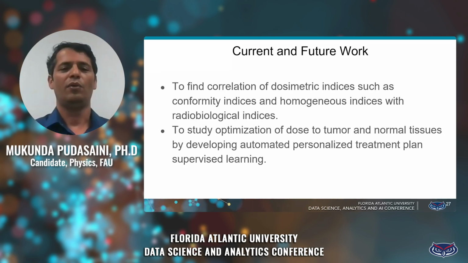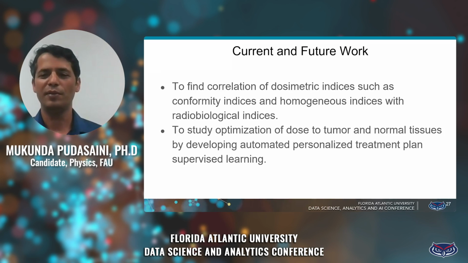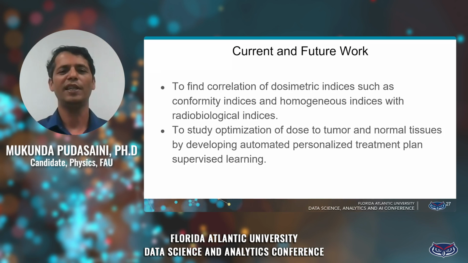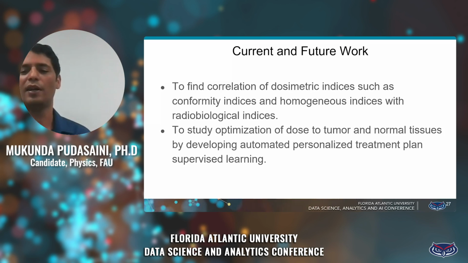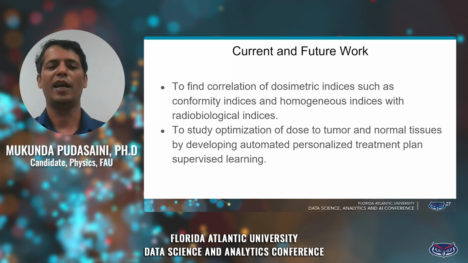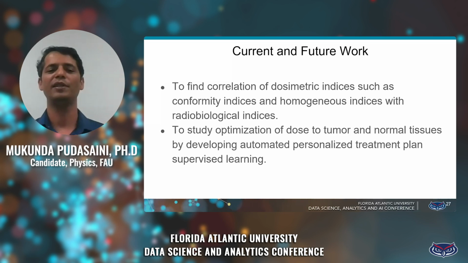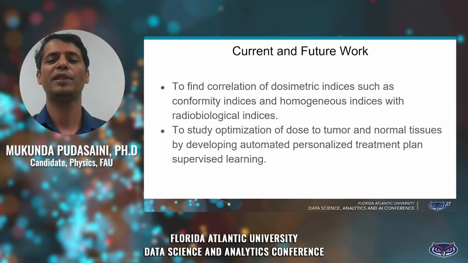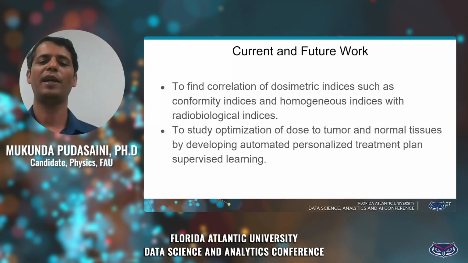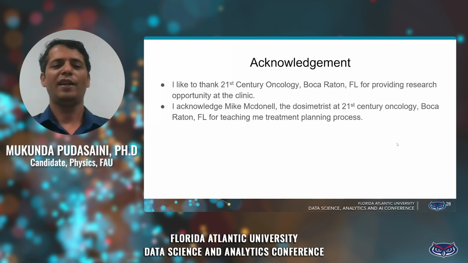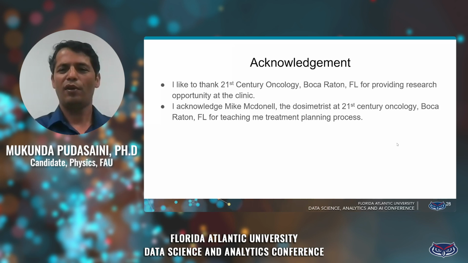We are currently working to find the correlation of the dosimetric indices like homogeneity index and conformity index with the radiobiological indices. And we are also studying the optimization of the doses to tumor and normal tissues by developing a personalized treatment plan using supervised learning.